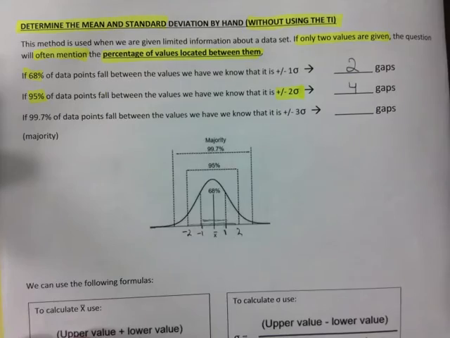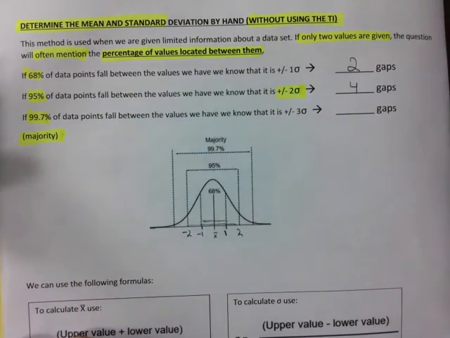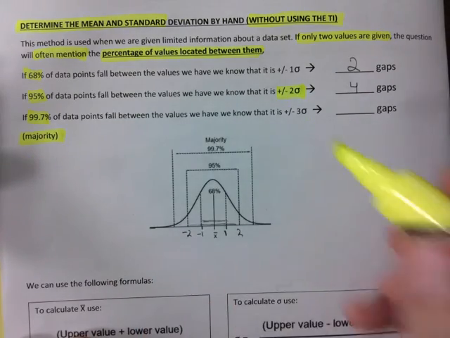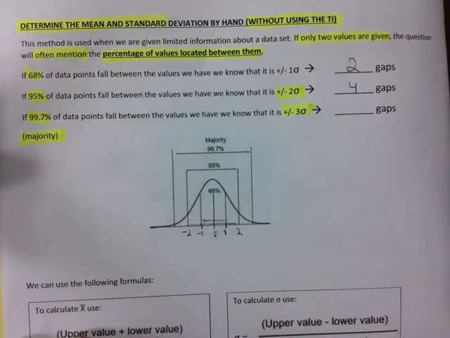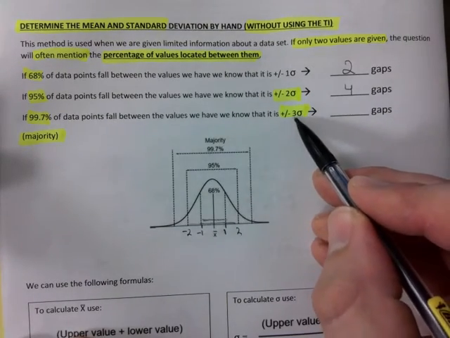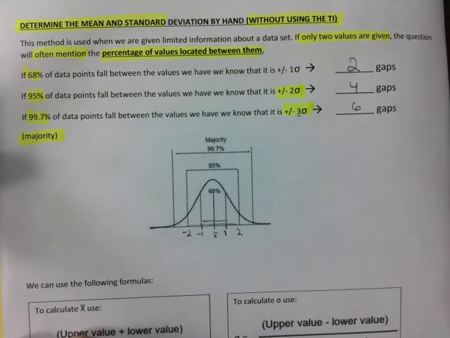And then the last one, 99.7, which is the majority. When the question says the majority of values fall between, then it's plus or minus 3 standard deviations. And notice that you just double that number, the 3 times 2, so there will be 6 gaps because you go 3 to either side of the mean.